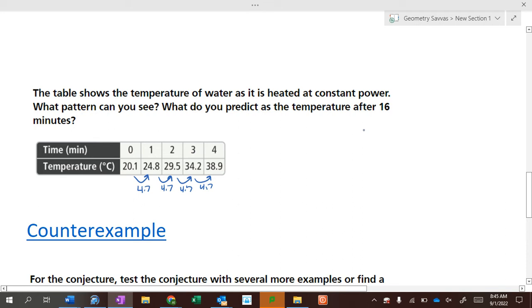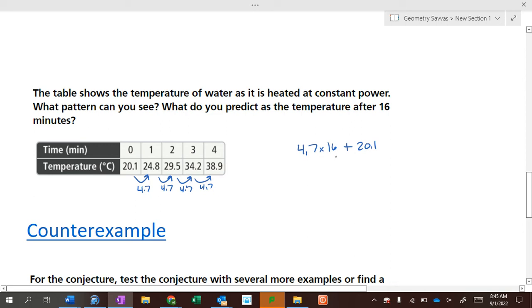So after 16 minutes, what should the temperature be if it's increasing at 4.7 each time? Well, you take 4.7 times 16, and then you have to add on what to that? 20.1, the initial temperature.